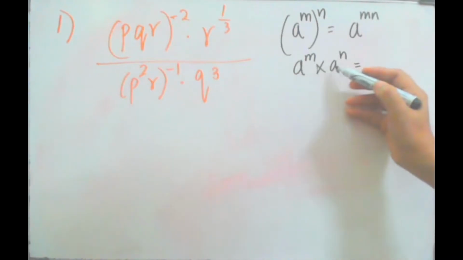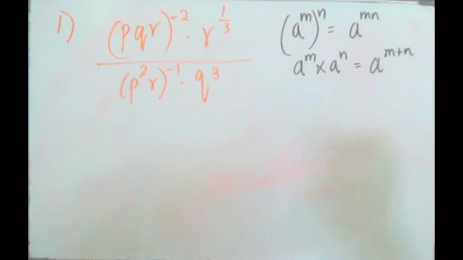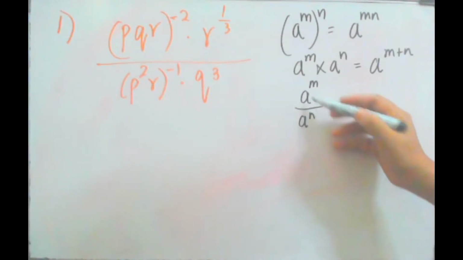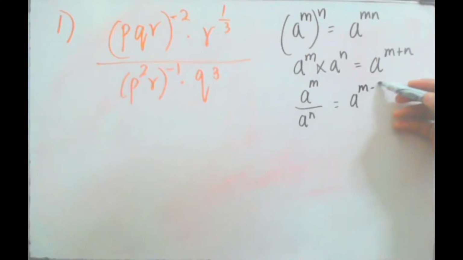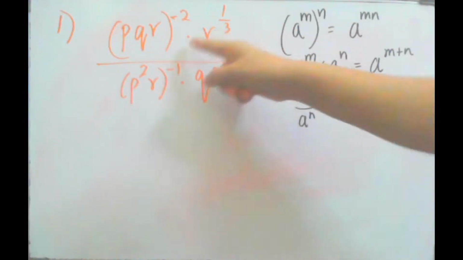When the bases of two power notations are the same, the base remains the same and we just add the indices. So it becomes a power m plus n. Similarly, a power m divided by a power n, bases are the same, different indices, then we subtract the indices and write it as one number. So we will apply all three identities here.